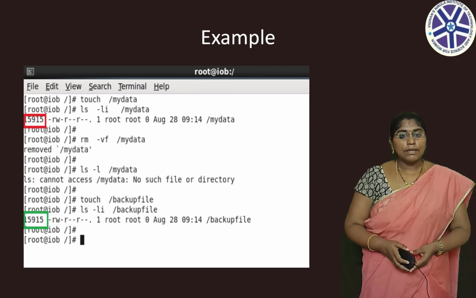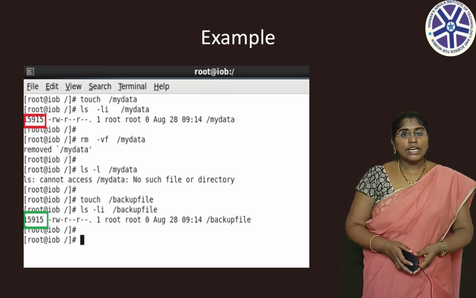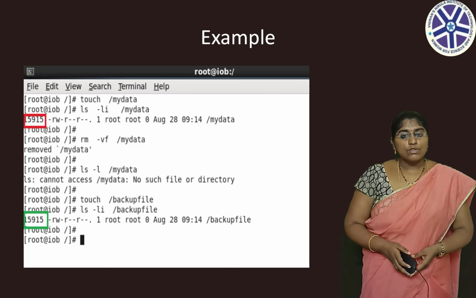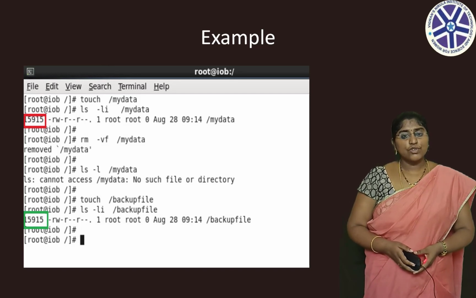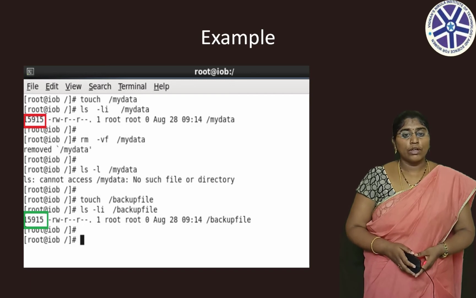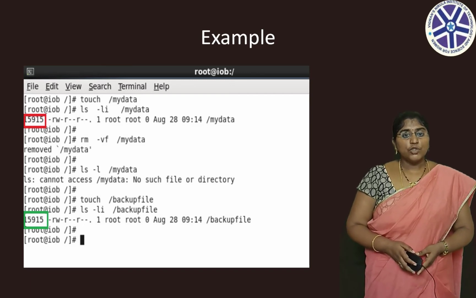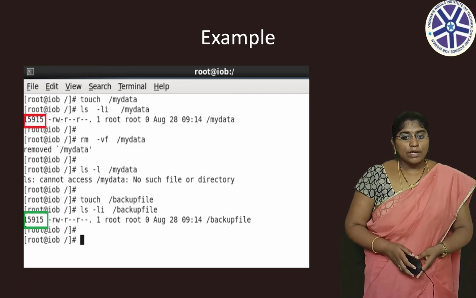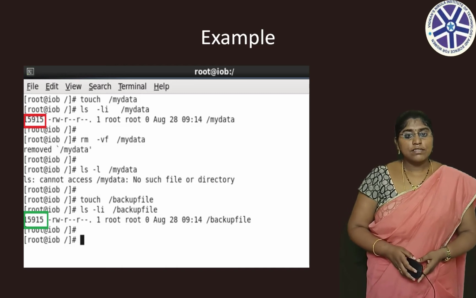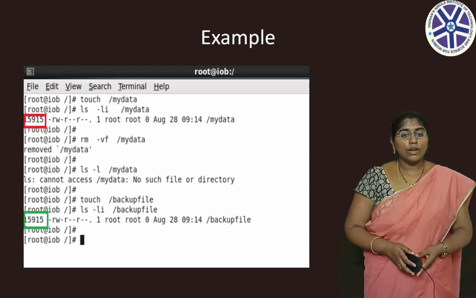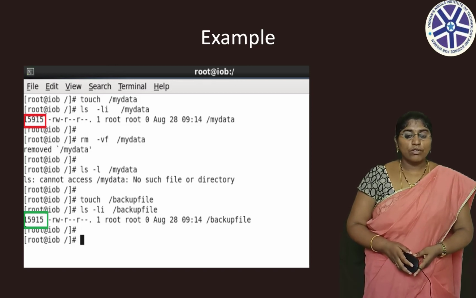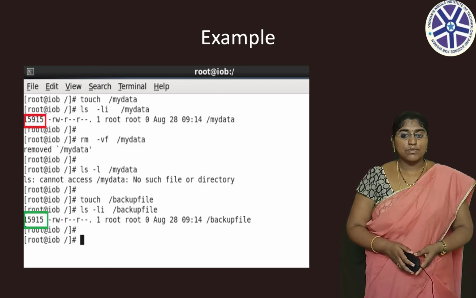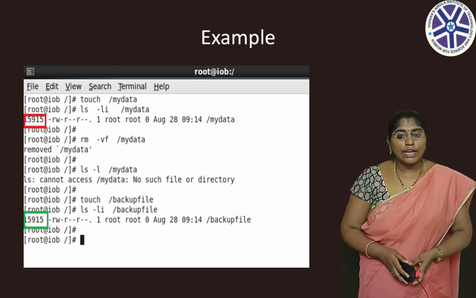Next one is an example of inode. Let's see this example. Here first you create a file called my data. After that you can execute the command ls -l on the my data file. Then you will get all the file attributes related to my data file. It means the file type along with file permissions, number of links, owner of a file, group owner of a file, my data file size, last modification details of my file, and file name.